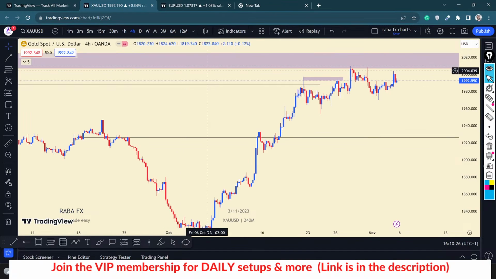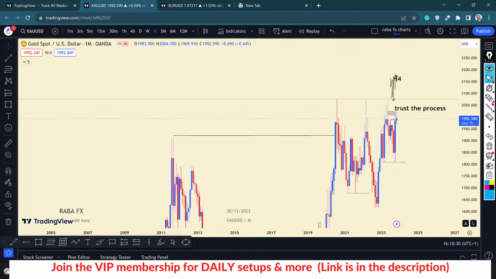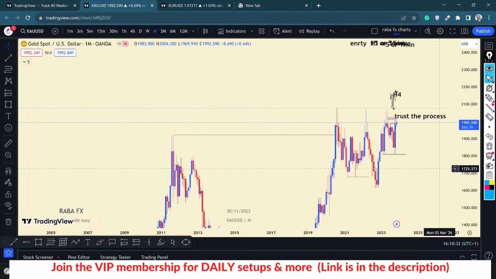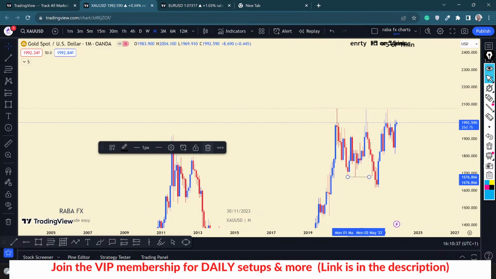Gold is a bit complex in here, so let's start from the higher time frame. Trust the process.